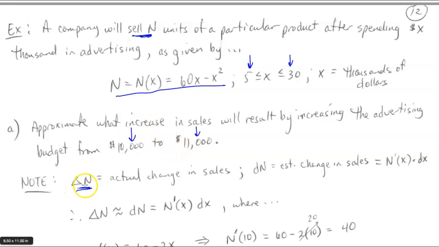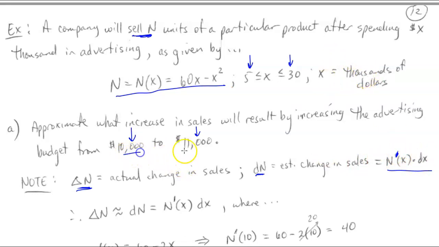So we're going to define delta N as the actual change in sales. We're going to say that the differential of N is going to be the estimated change of sales, which can be approximated by taking the derivative of this function, N prime, times the change in the amount of money that we're going to spend.